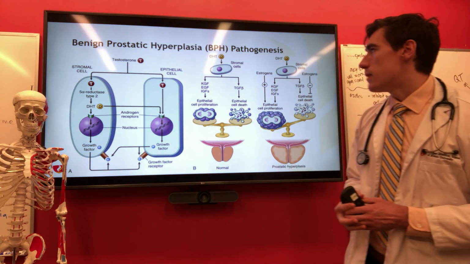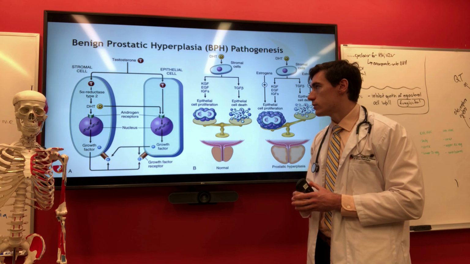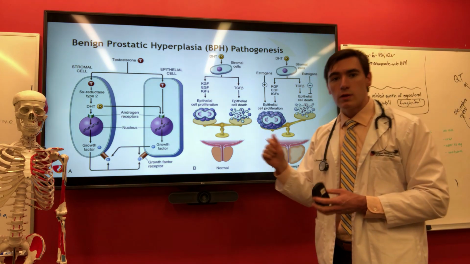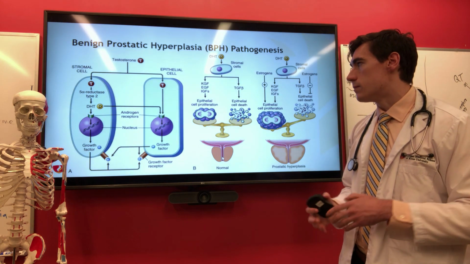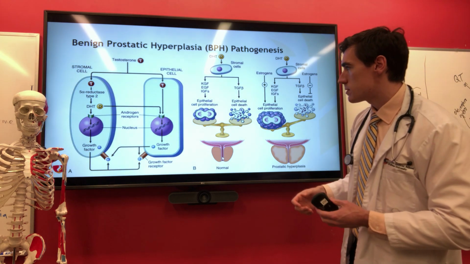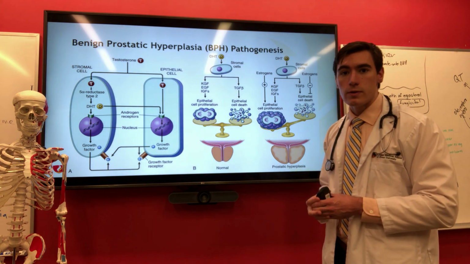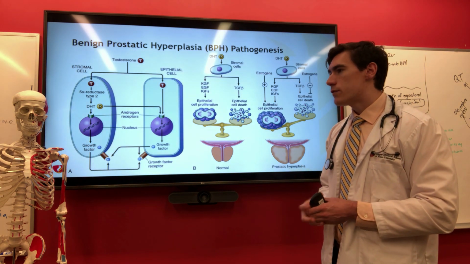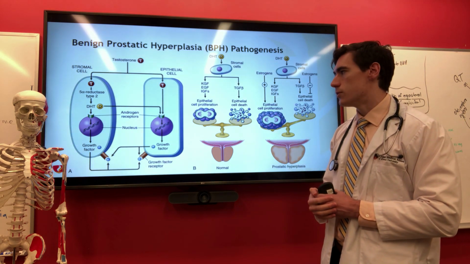Now, something to keep in mind, and this is something that hasn't been explained by clinical or laboratory science yet, is that during puberty, when an adolescent male is growing up during his teenage years, we see a great spike in the levels of testosterone and DHT in the body. However, for some reason, we don't see an upregulation in prostate tissue growth.